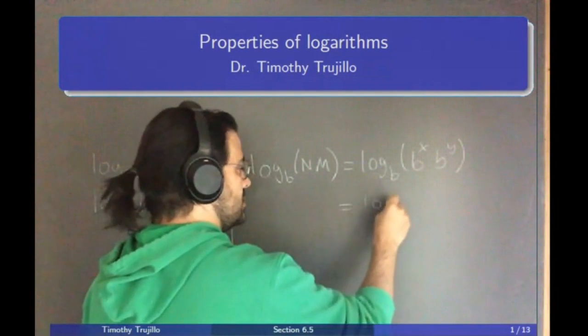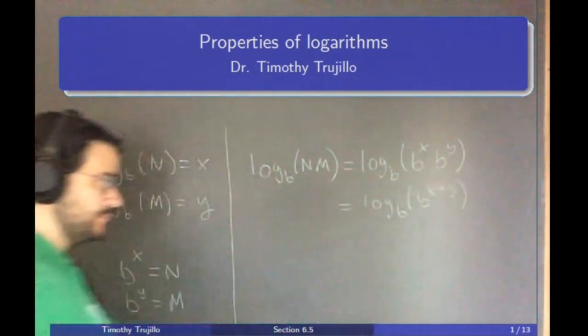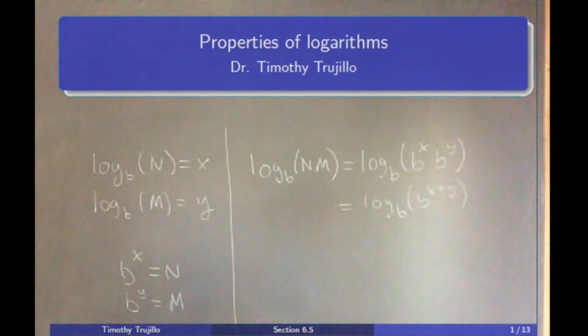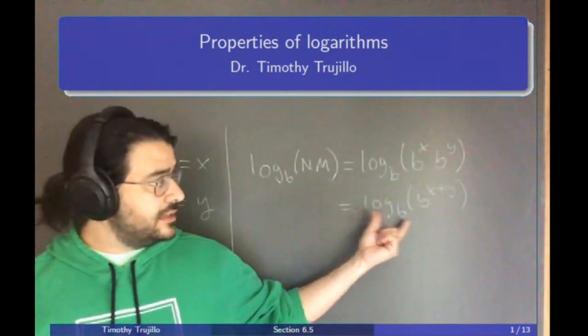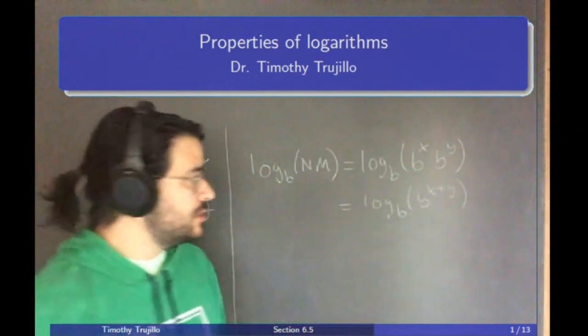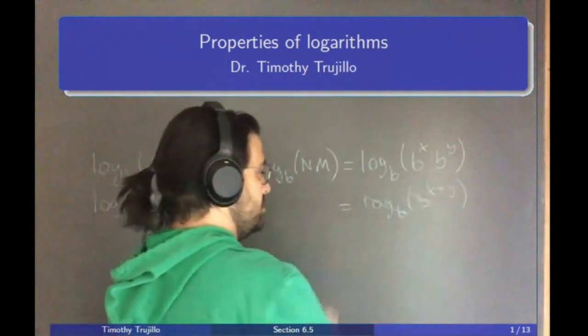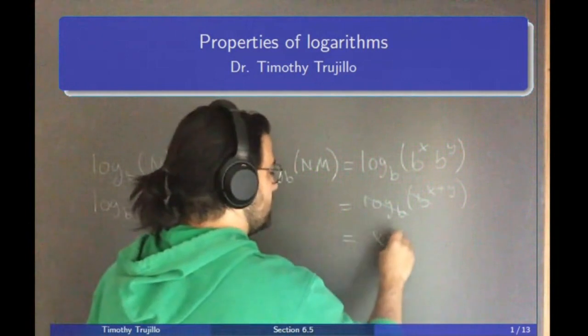That's the log base b of b to the x plus y. And then, the way we defined our function was so that the log base b and the exponential function with base b were inverses of each other. And so this will undo that log base b, and we get an output of x plus y.